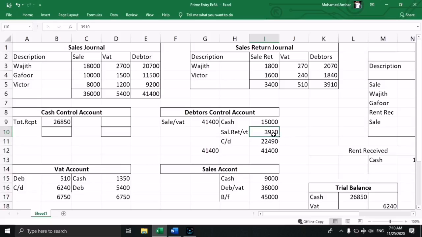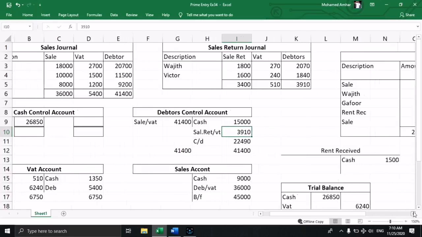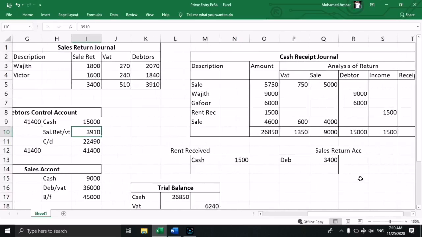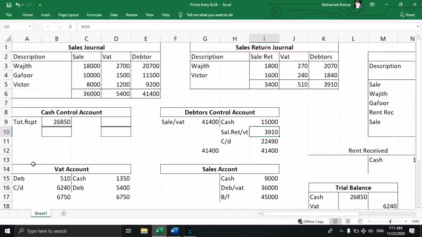And if you credit here, the 3,400 and 510 should be debited. So sales return account debit 3,400. Here sales return account, see here, sales return account debited 3,400 and VAT account debit 510. So here see, VAT account debited 510.